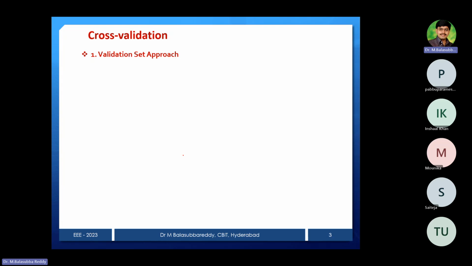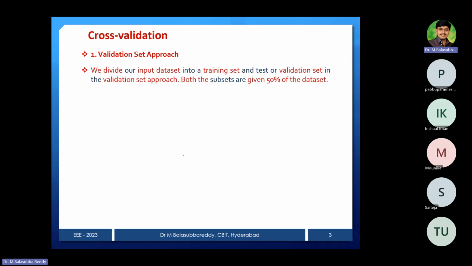In cross validation, the first method is the validation set approach. The input data set is divided into a training set and a test or validation set. Both the subsets are given 50 percent of the data set.